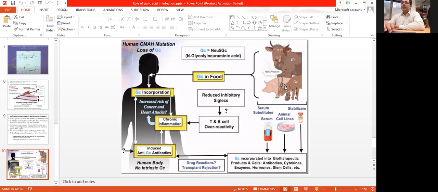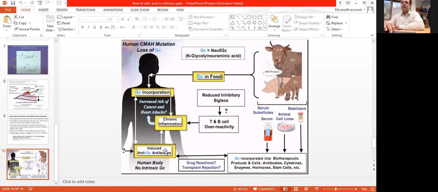They are rich in the GC form, and when you eat their meat, it means that you are eating the GC form, Neu5GC, and this Neu5GC would be absorbed in your body. It would be incorporated inside the cells of your body.